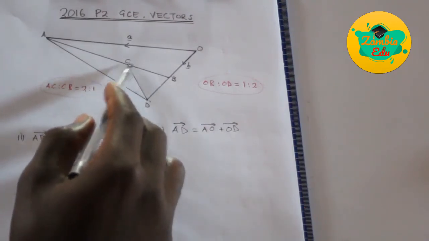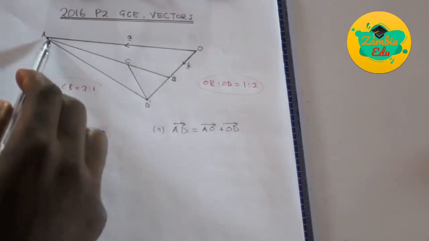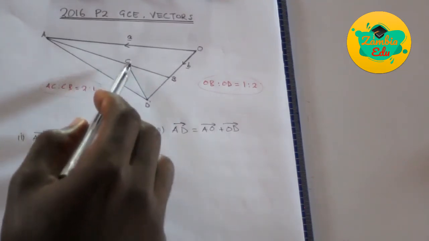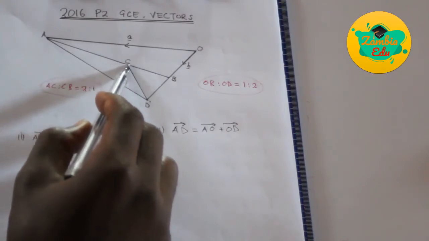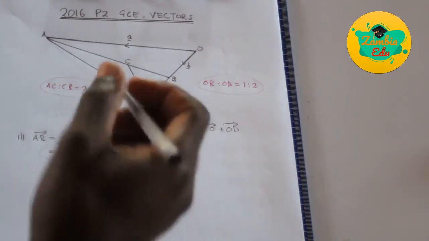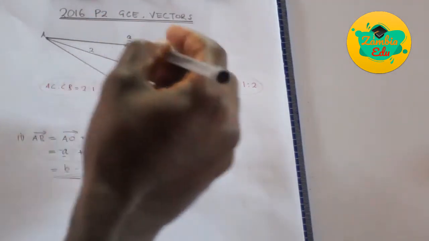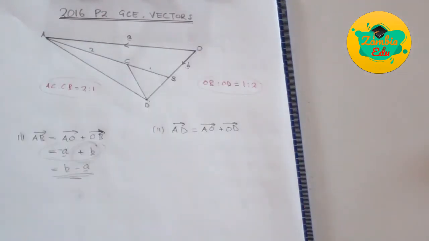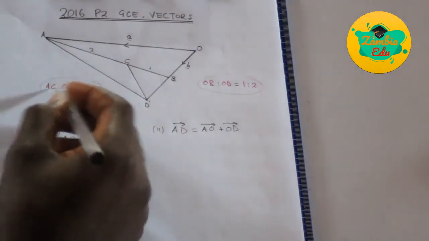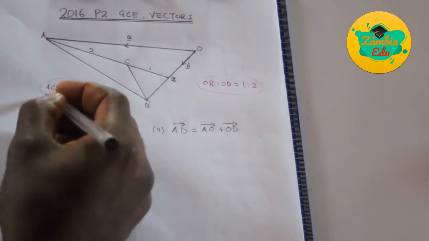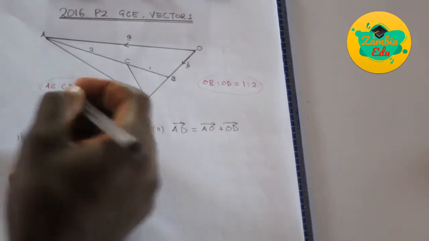This one starts with A to C, then you continue from C to B. So this one will mean 2 to 1. This one will be 2. This one is going to be 1.